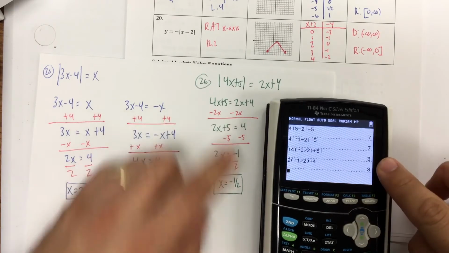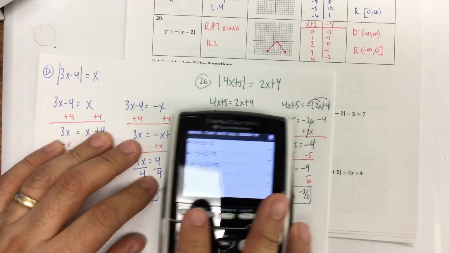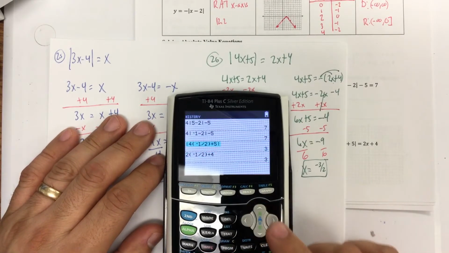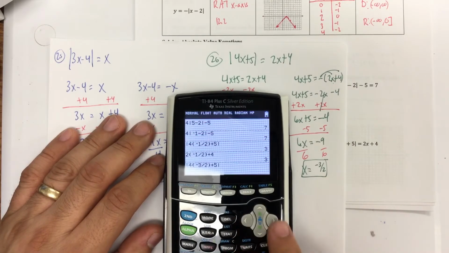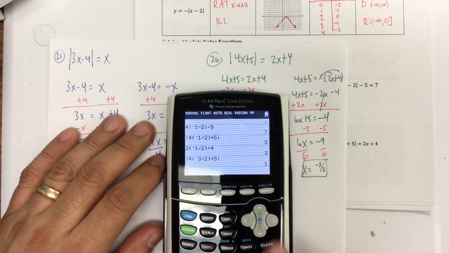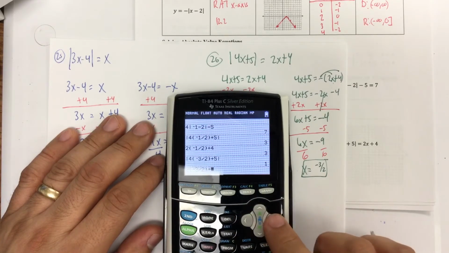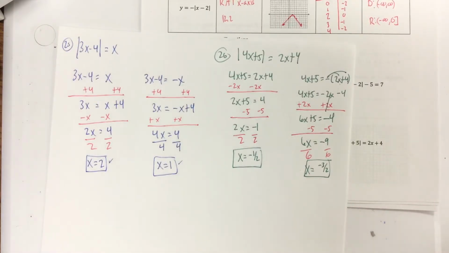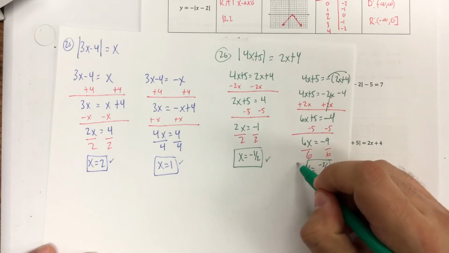And notice they're both 3, so this answer checks out. Now we're going to verify that negative 3/2 does work. I'm just going to go up here, and we're going to change this 1 to a 3 to represent negative 3/2. Notice this one equals 1. And over here, in the second equation, we change that negative 1/2 to negative 3/2. And we see that the answer is also 1. So both answers, again, check out. So both solutions are real.